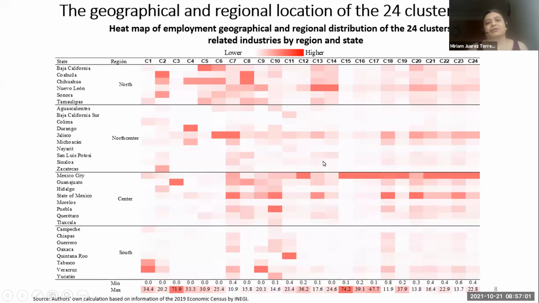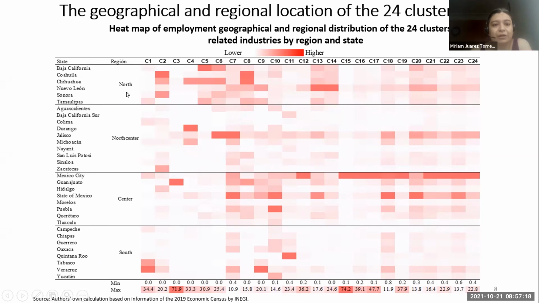So in terms of the geographical and regional location of these 24 clusters, we can observe that some particular states have a strong presence of different clusters.